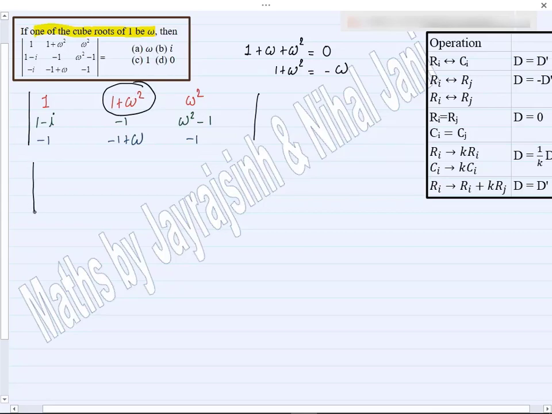Now let's use this property in this element. So our first row will be 1. Instead of 1 plus omega square, we can write minus omega, and omega square will be as it is, and the rest of the terms will be as it is. Now before we expand the determinant, let's try to get 0 as much as possible.